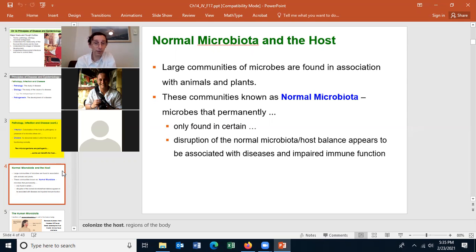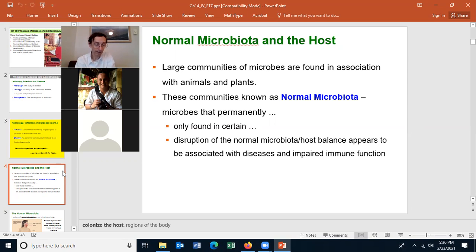The normal microbiota are microbes that permanently colonize a host, like permanently colonize a person. The normal microbiota are only found in certain regions of the body. They are not normally found in other regions.